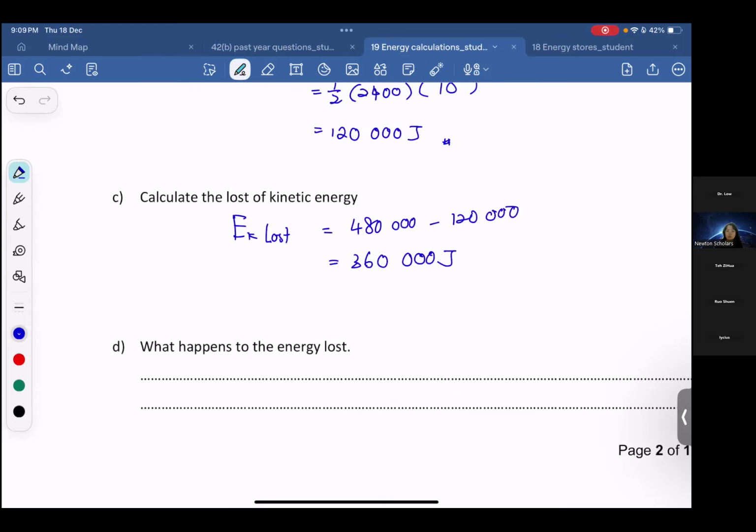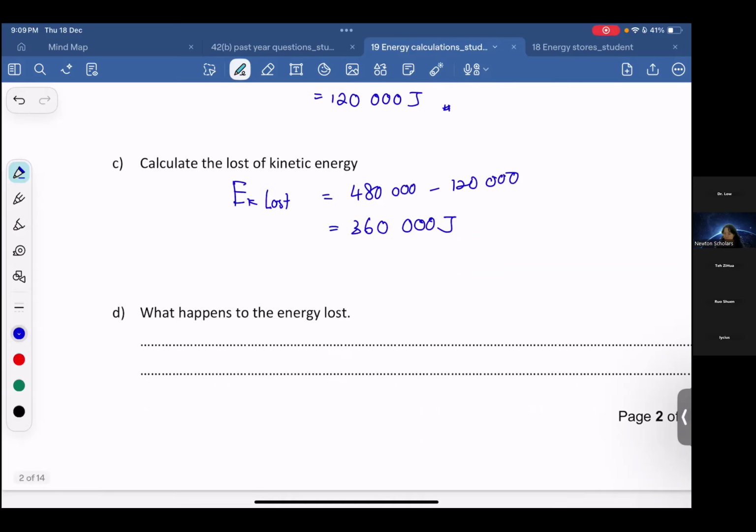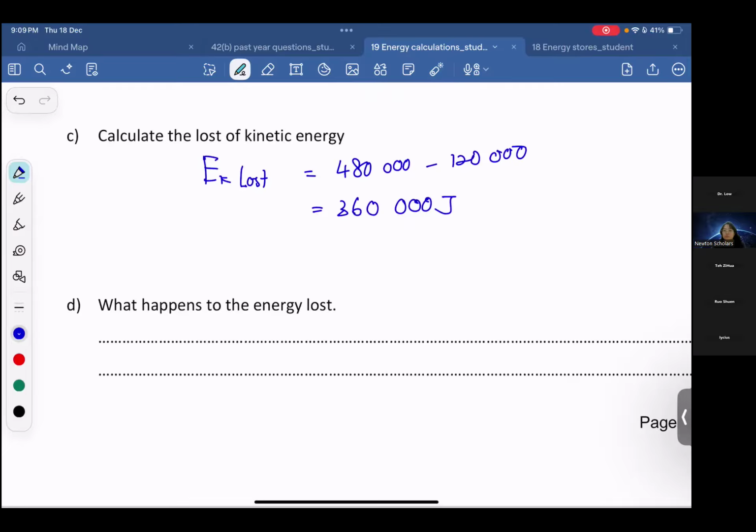What happened to this energy loss? This energy loss, where does it go? What happened? Loss of this kinetic energy, what happened to the energy loss? Transfer into thermal energy and dissipating to the surrounding.